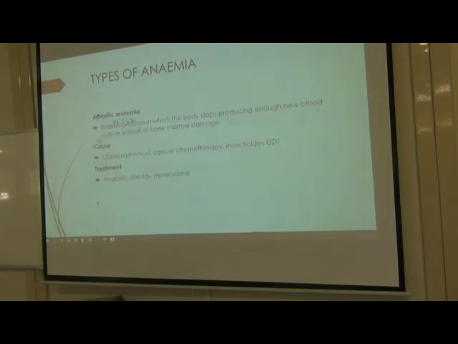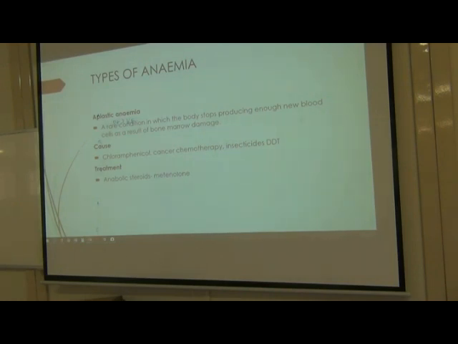The next anemia is aplastic anemia. So here what happens is that the body stops producing enough new blood cells. Now this is not just talking about red blood cells. It stops producing all the blood cells altogether, the white ones, the red ones, and the platelets.